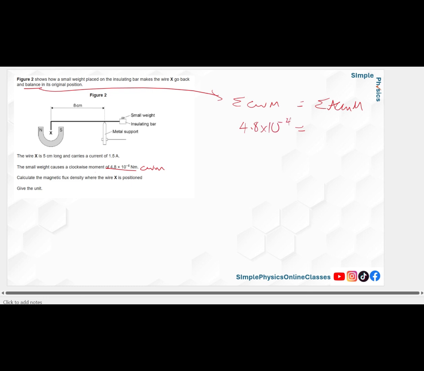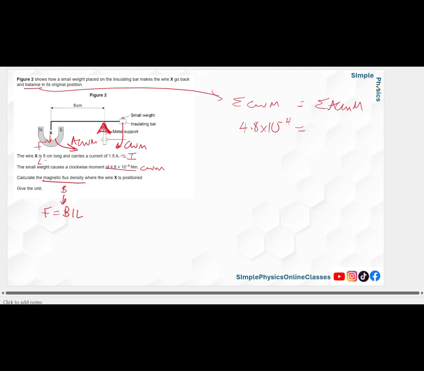So there's your pivot, and there's the clockwise moments. So there must be a force here causing an anti-clockwise moment. From that, let's calculate magnetic flux density. What's the only formula you see with that? F is equal to BIL. So again, you've got all the formulas. To work out B, I need I. Here's I. And have I got L?